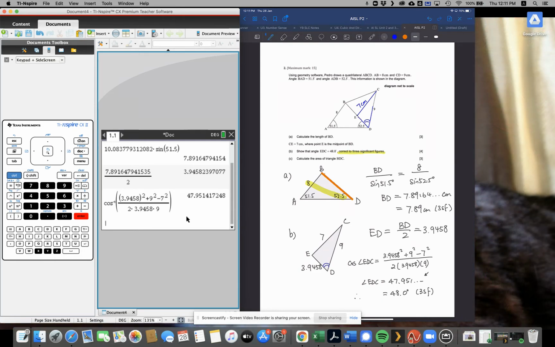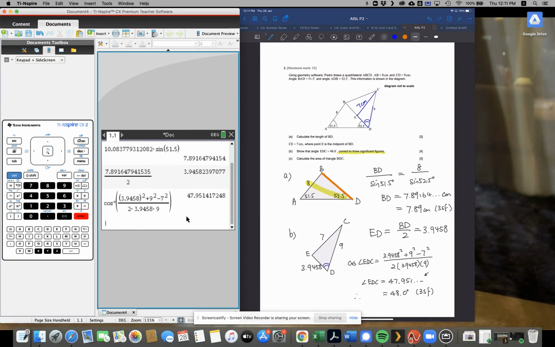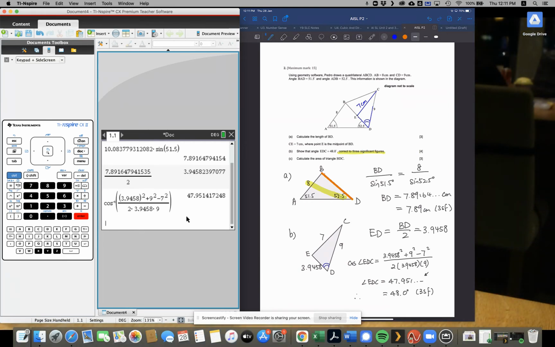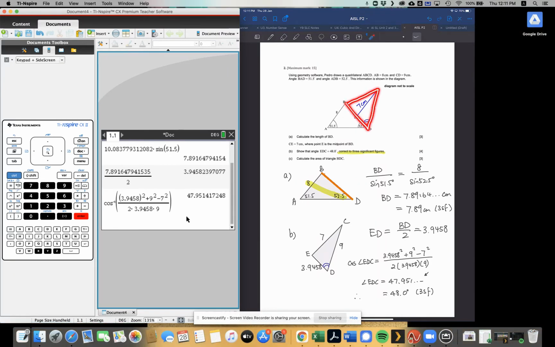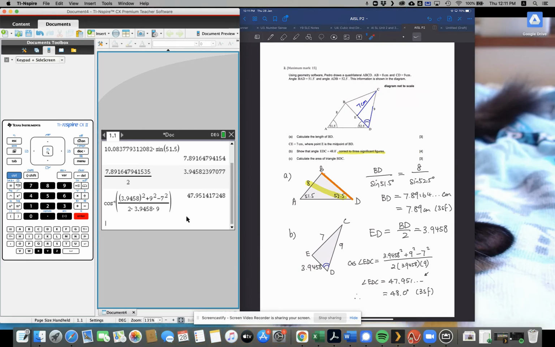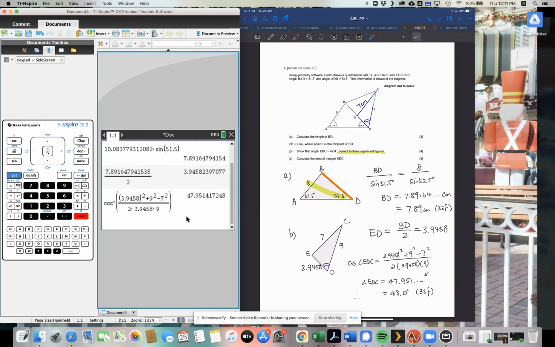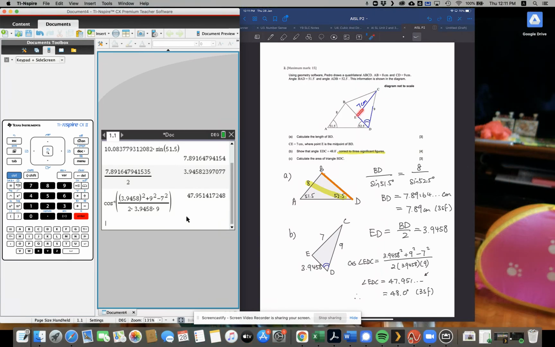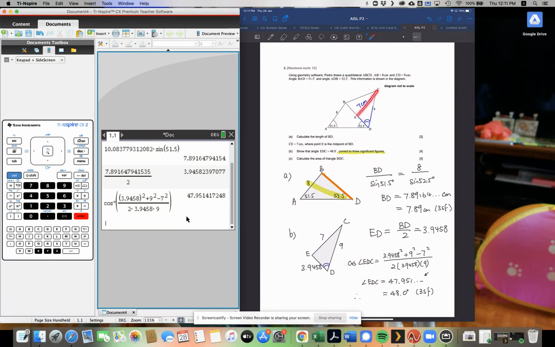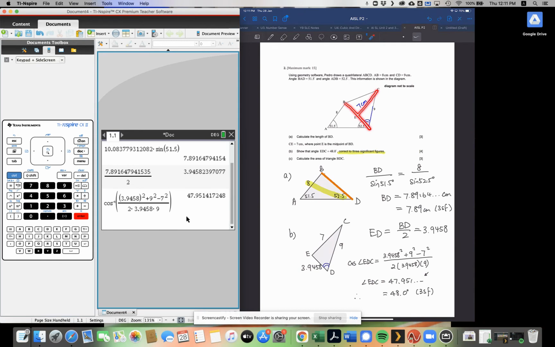Next, we need to calculate the area of triangle BDC. I remember in the exam, some of you thought that this is a right angle. And so what I see people have done is they use the length of EC, 7, times BD and then half the result, thinking that that's the area.